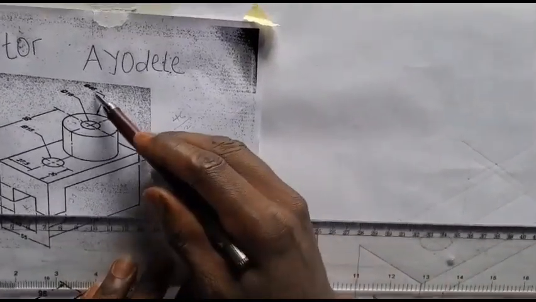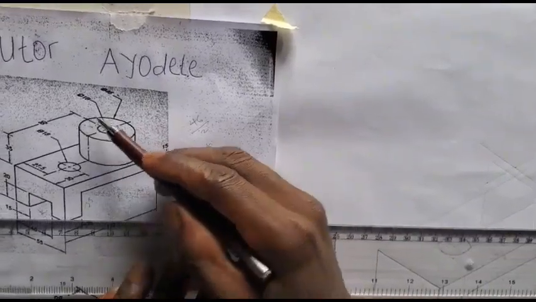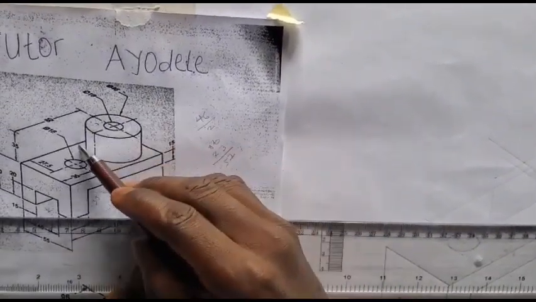Now we said the diameter is 46. So we go 23 this way, 23 this way, 23 this way.